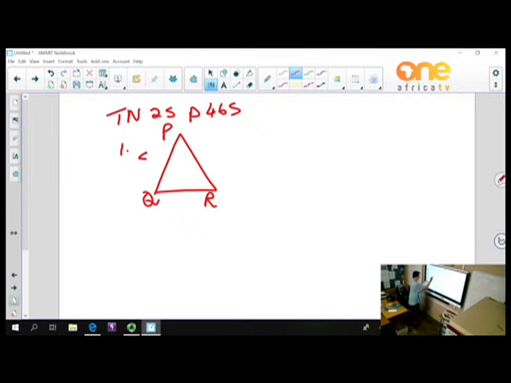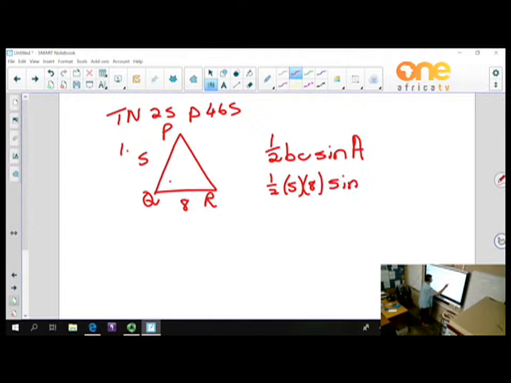So PQ is 5, QR is 8, and now they gave us the area is 19 square centimeters, and we have to calculate Q. So it will still be a half of bc sine A. So now it will be a half of 5 times 8 sine A. This is what we want to calculate. We have the area to be 19 square centimeters, so you equate it to that one there.